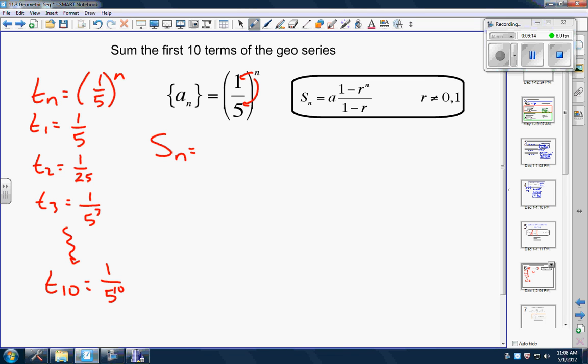Okay, we have a formula here. Sum of n is A, that's our first term, of 1/5. I'm going to use fractions. Sometimes you can use decimals, and it'll help you out. 1 minus that 1/5 to the 10th, all over 1 minus 1/5. Again, they're super easy to get set up.